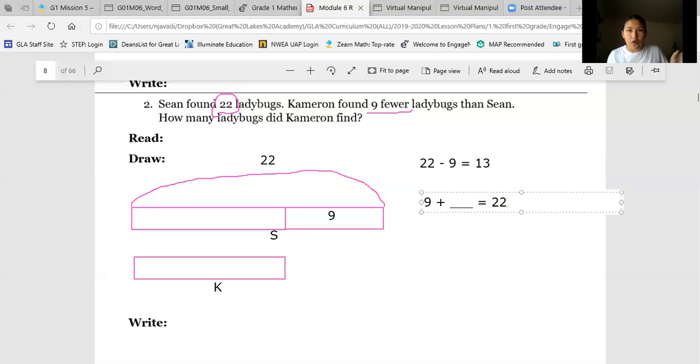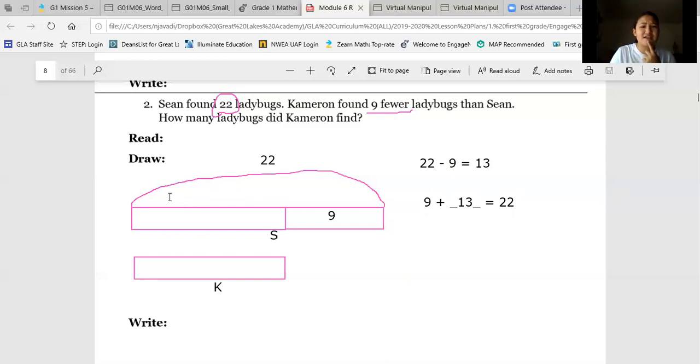Get ready, go. 9, 10, 11, 12, 13, 14, 15, 16, 17, 18, 19, 20, 21, 22. So we had 10 plus 3 more, which is 13. Did we get 13 solving both the addition and the subtraction number sentence? Yes, we did.